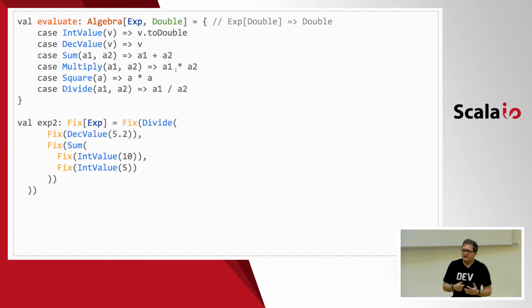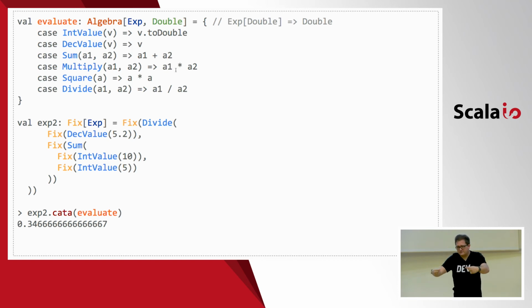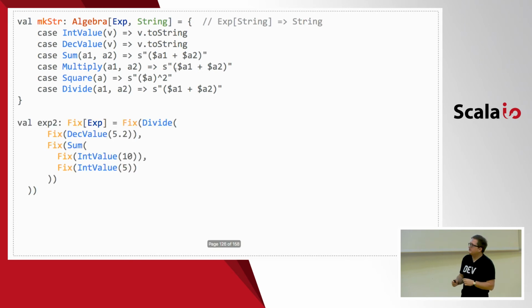If you have that library in your project and the proper imports, which are important, you will get this magic method, cata, for catamorphism, and it will run your evaluate function for your structure and give you the value back. It will essentially run your function evaluate for each of the elements of your expression, traverse through your expression to the leaves, take the values back, go up, call your function, and finally merge the final result. The same thing goes for make string. Exactly the same magic will happen. It's once more calling cata.